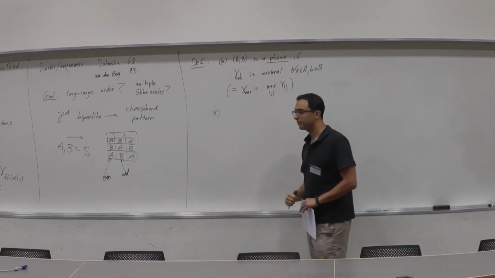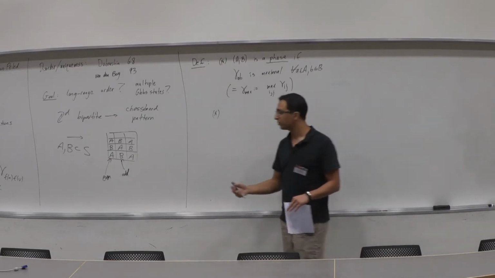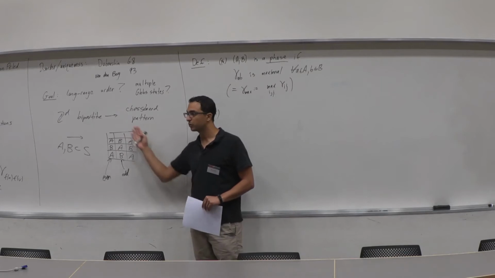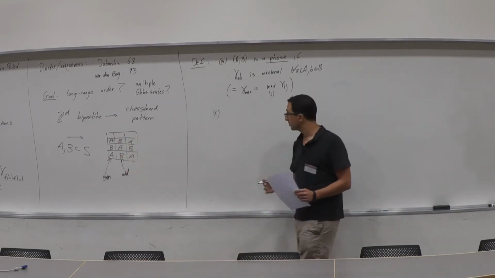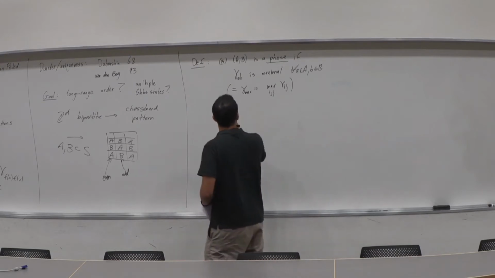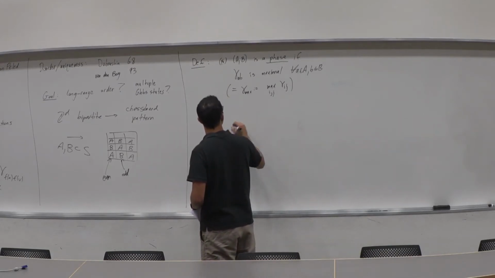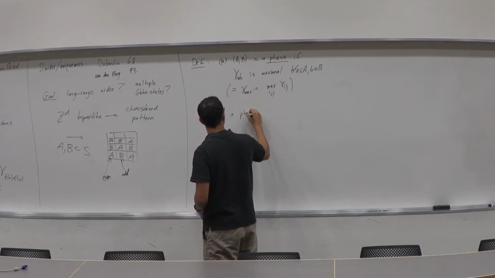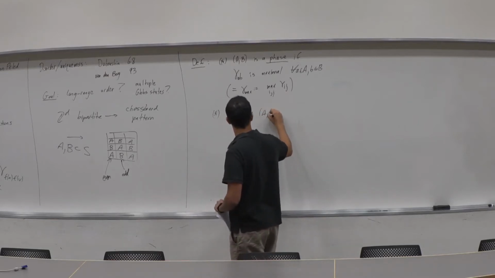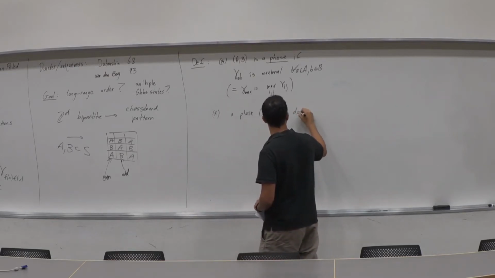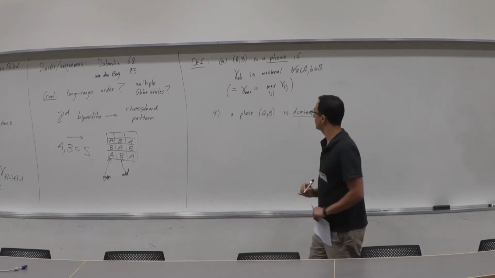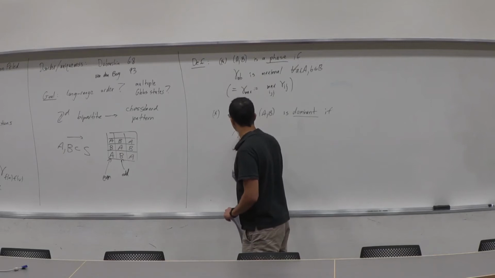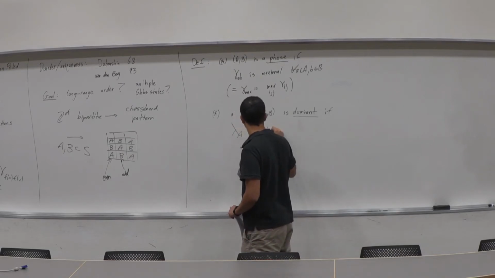But not all phases have the same weight. If you look at two different phases and consider what weight these configurations give, some give larger weight, some give smaller weight. And so another definition, which makes sense, is to say that a phase AB is dominant if lambda_A times lambda_B is maximal.